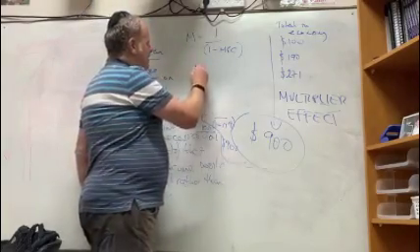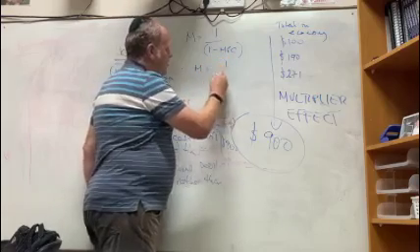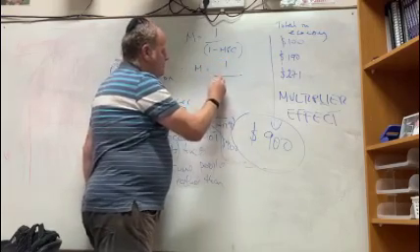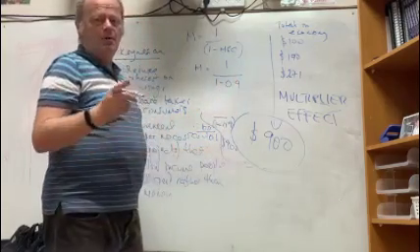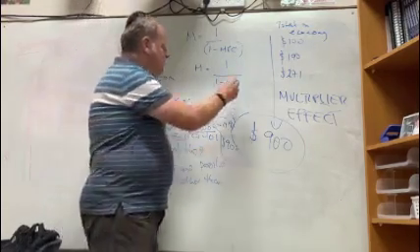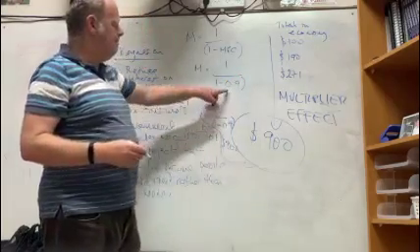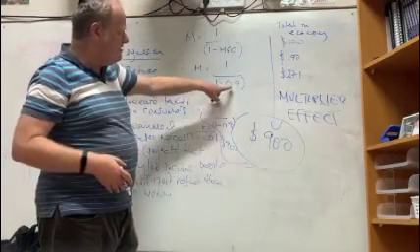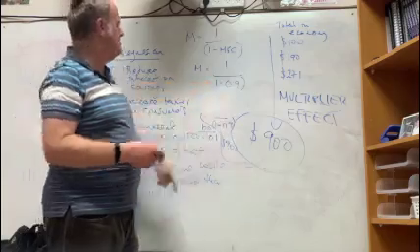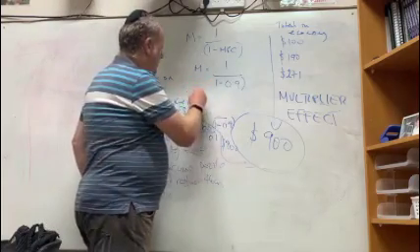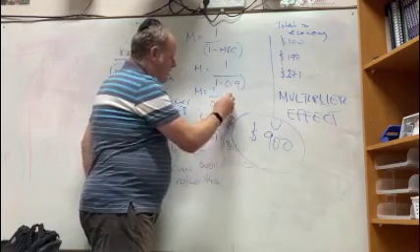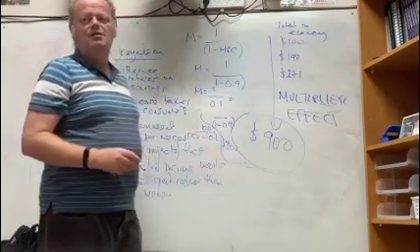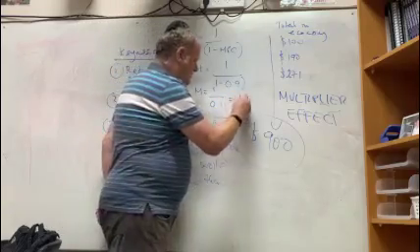Therefore, the multiplier equals 1 over 1 minus 0.9, which means that 90% is actually being spent. Therefore, the multiplier equals 1 over 0.1, and 0.1 into 1 goes 10 times.